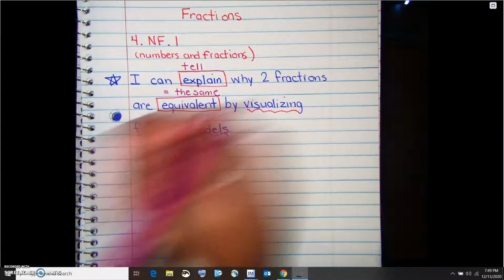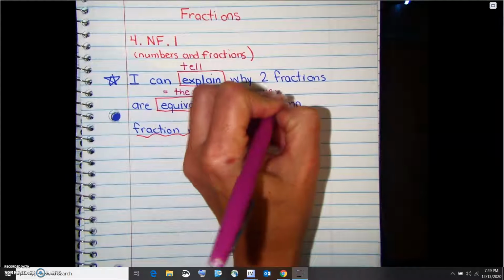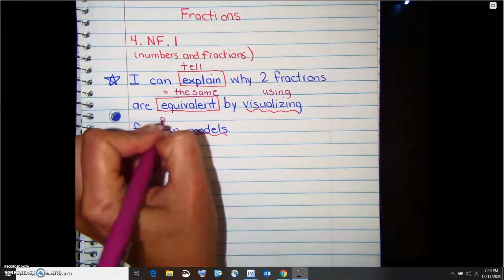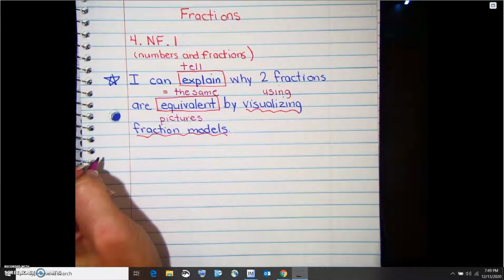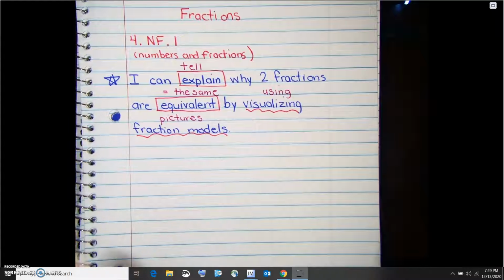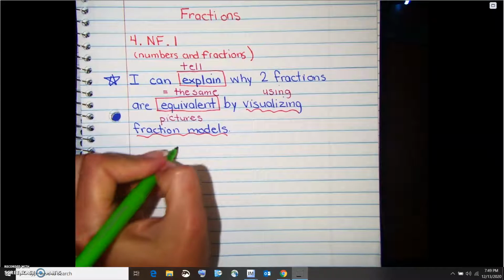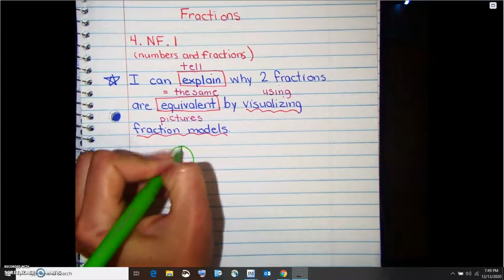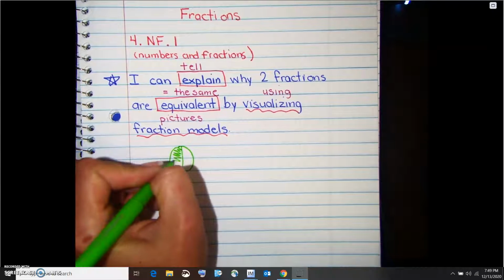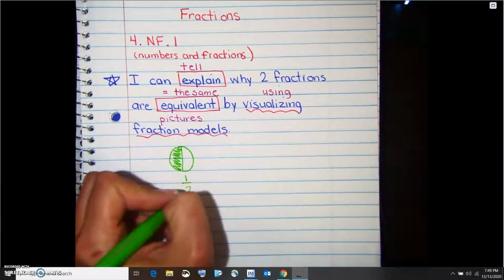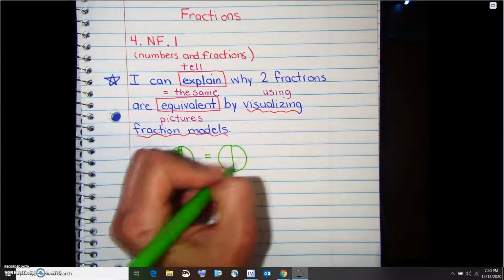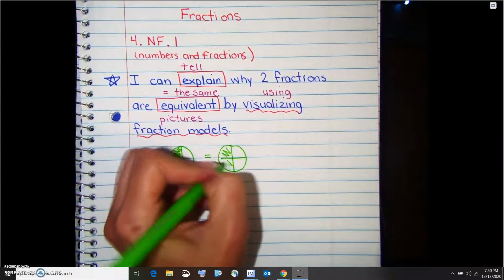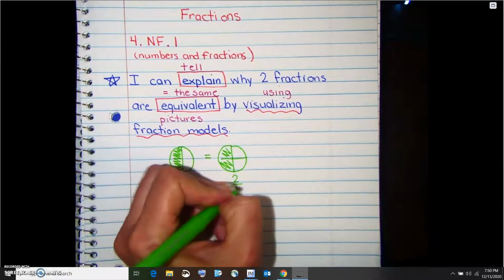That means using pictures. That's all that means. Okay, so for what this looks like in pictures now is that I can show that 1/2 is the same or equivalent as 2/4.